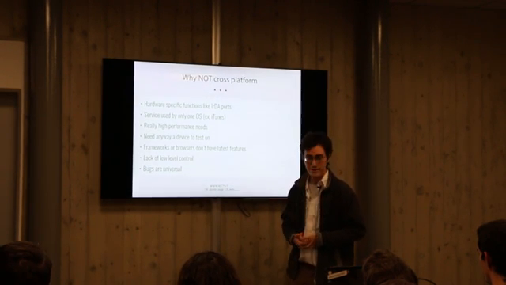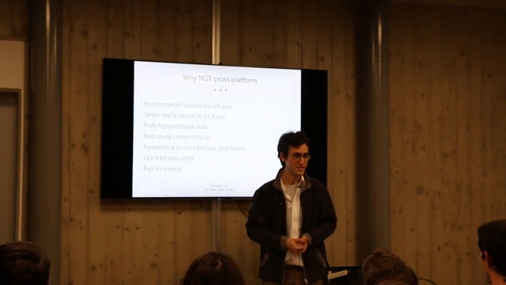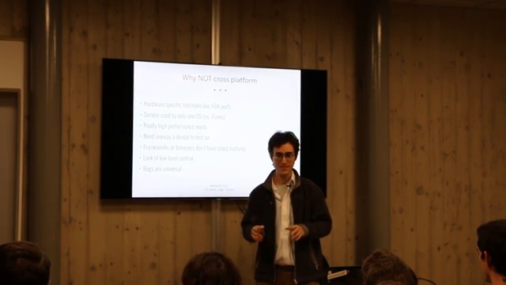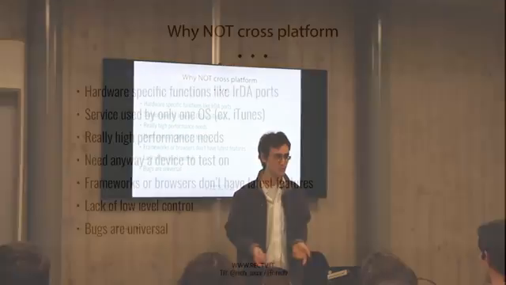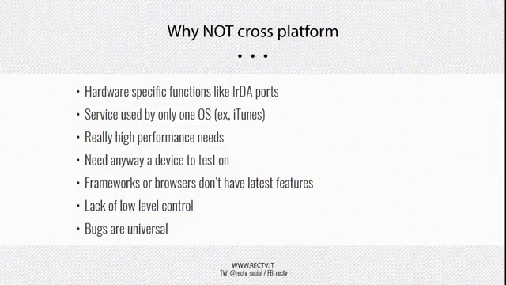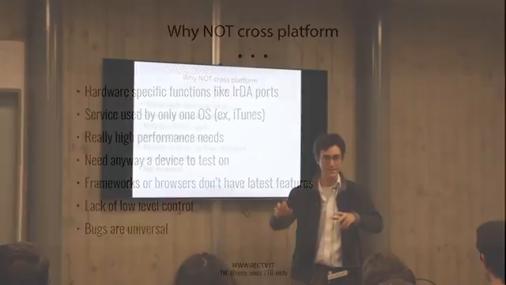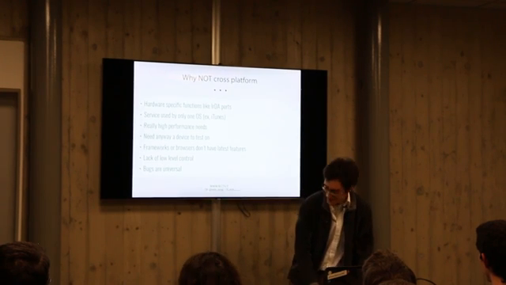And if there is a bug, it's universal. So if the library has a bug, so buttons don't work, it won't work in all operating systems. But it's really rare. It's when planets align that it happens.